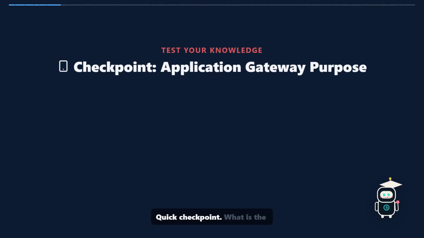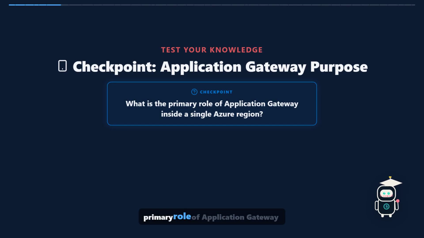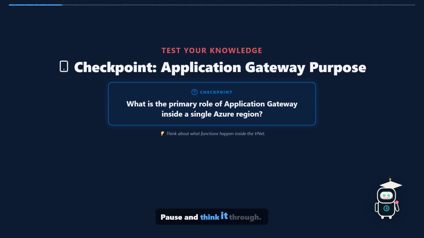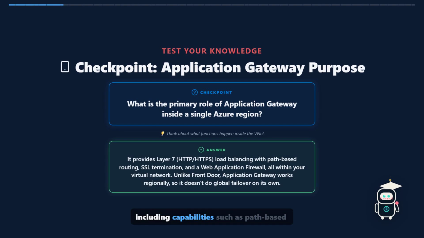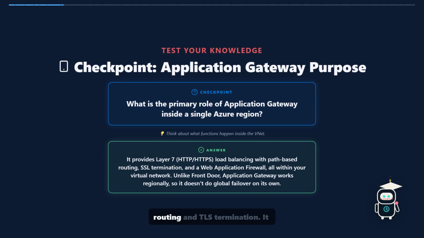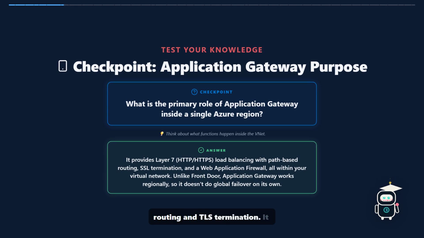Quick checkpoint. What is the primary role of Application Gateway inside a single Azure region? Pause and think it through. The answer: Application Gateway provides regional Layer 7 load balancing, including capabilities such as path-based routing and TLS termination.